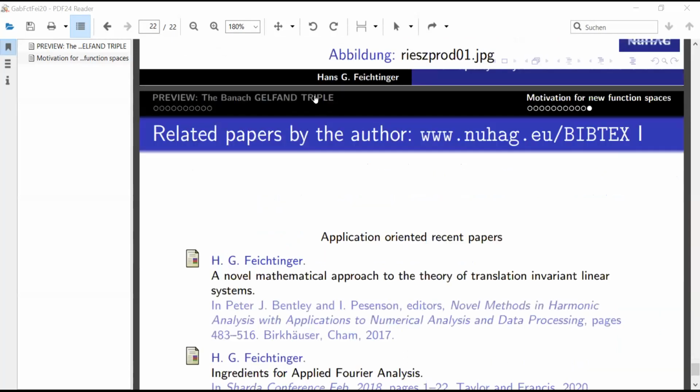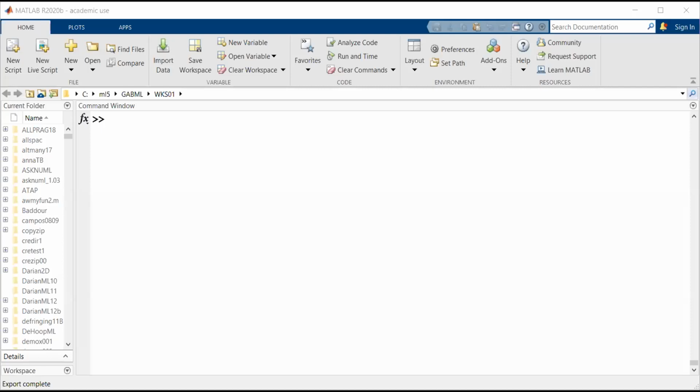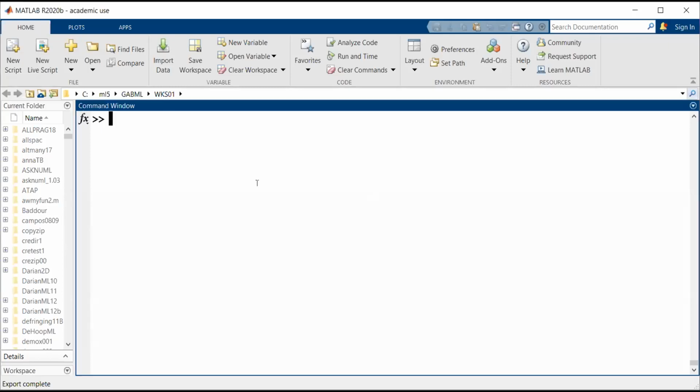And now I will switch, I hope it will work, to a new screen. That's also something that I learned more or less recently, how to deal with the MATLAB. I'm not sure. I think you will probably now see my MATLAB screen.